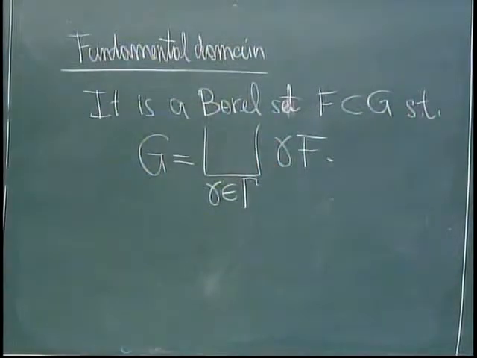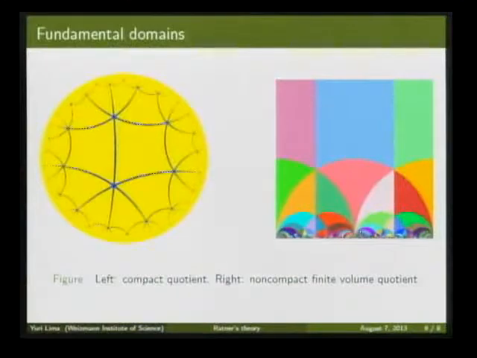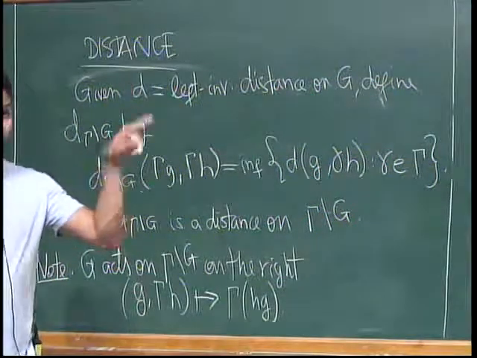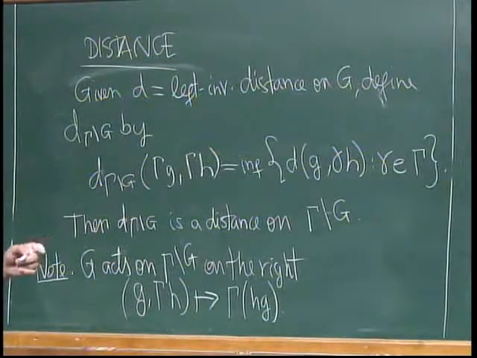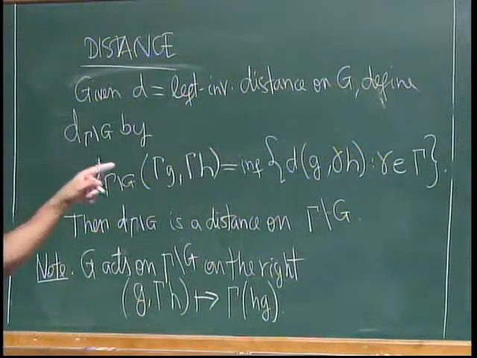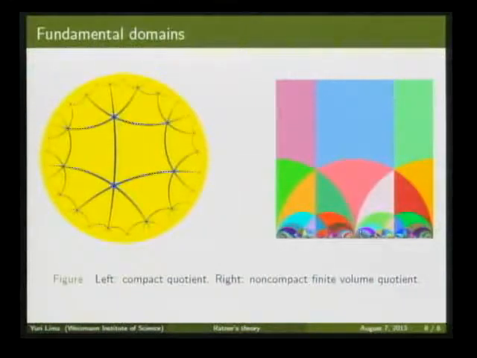And I have here two pictures of examples. For example, on the left, I have the fundamental domain of something which is going to give me that G mod gamma is compact, basically because the fundamental domain is going to have finite Haar measure on the hyperbolic space. And on the right, each thing with the same color is going to be a fundamental domain of the modular surface.